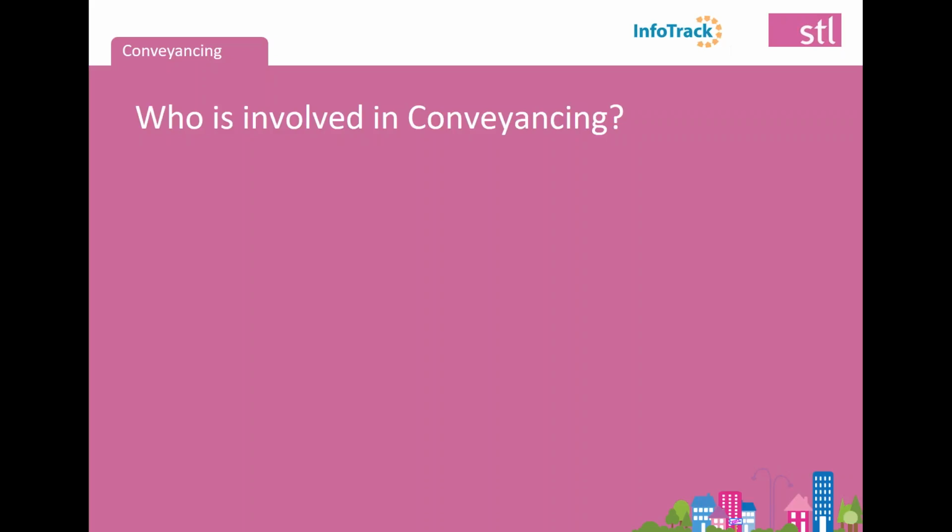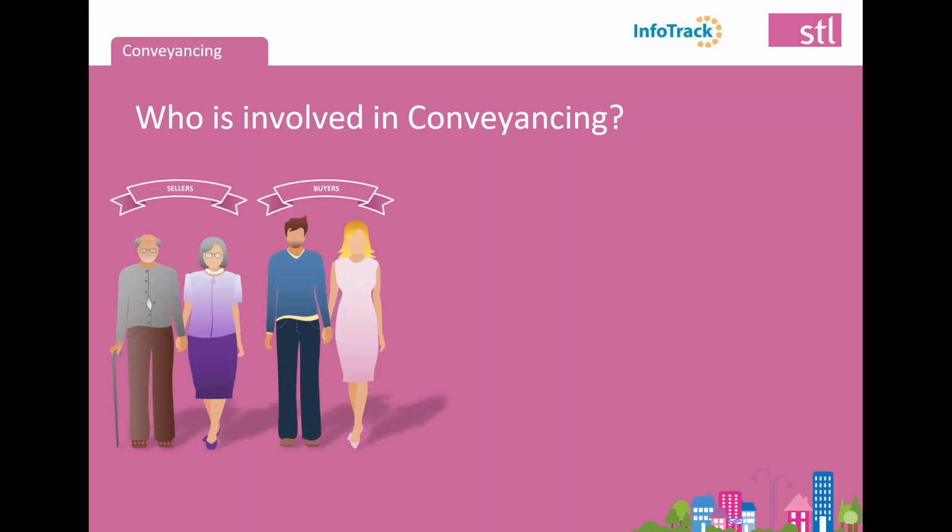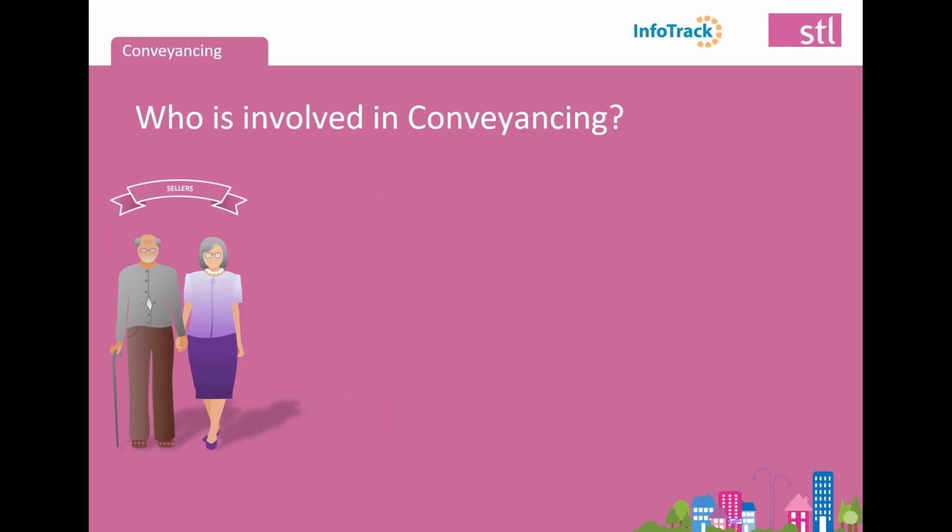So who's involved in conveyancing? First of all, we have the seller, also known as the vendor or transferor. Then we have the buyer, which you may know as the purchaser.